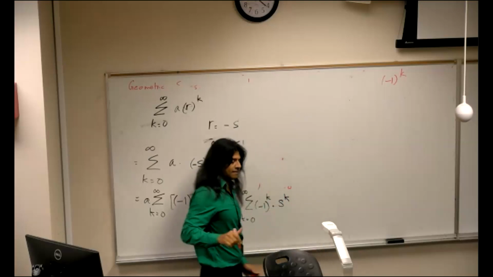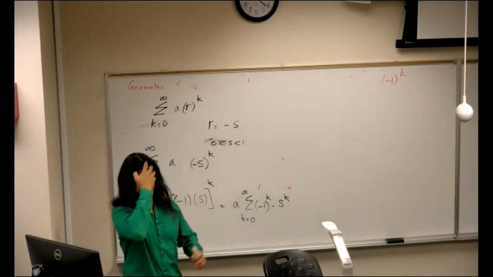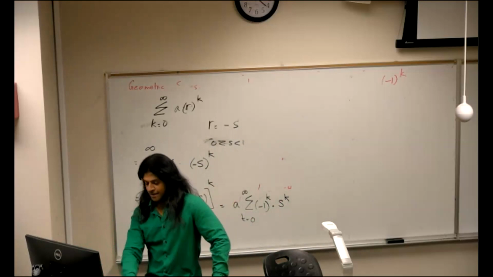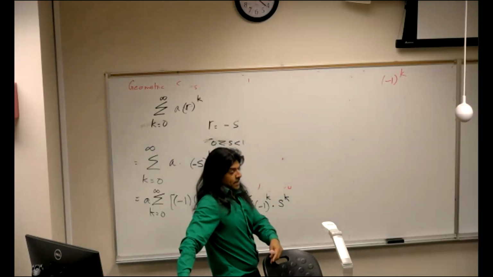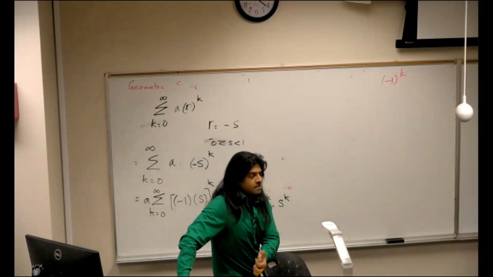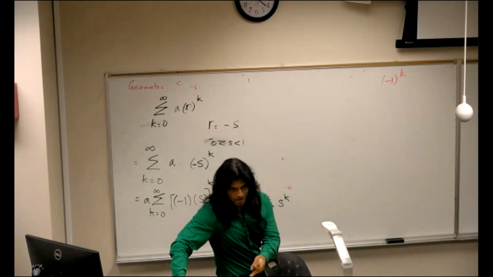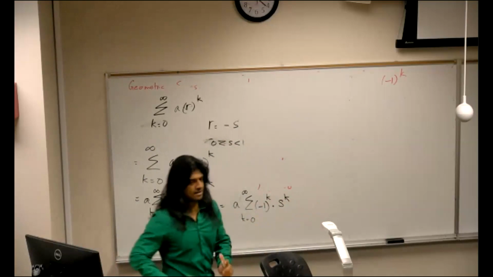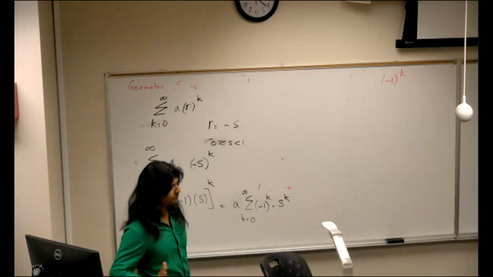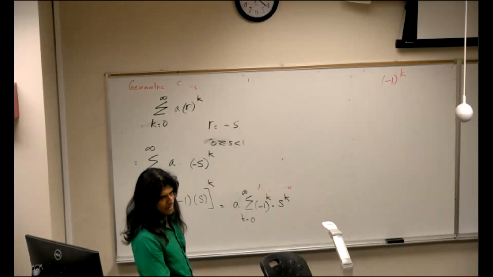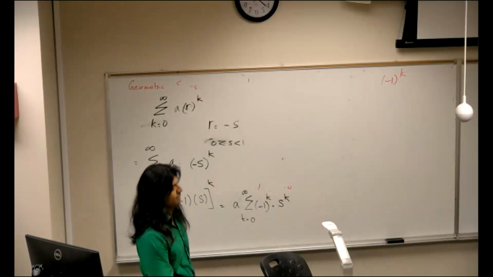Some alternating series will converge. Our geometric series is a great example. Michael number 2 said, well, even if it is a geometric series with alternating signs, eventually it is going to become 0 as long as the conditions are satisfied. Yes? But there are alternating series that simply will not converge.